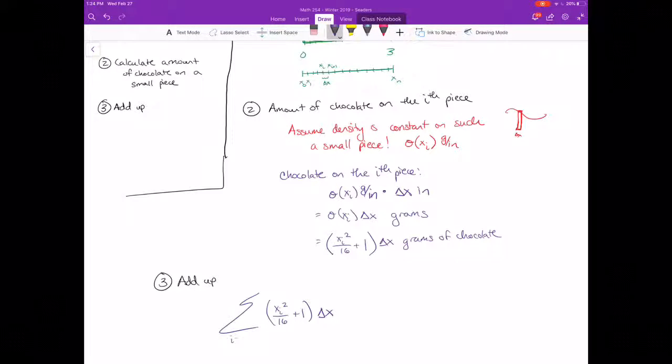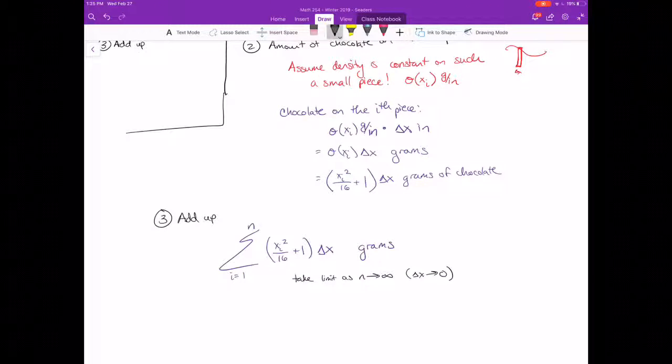And I'm going to let i go from 1 to n, and that will give me the grams of chocolate on the first little piece plus the second little piece plus the third little piece and so on until I add up all the pieces. And then I take the limit as n goes to infinity, so delta x goes to 0.